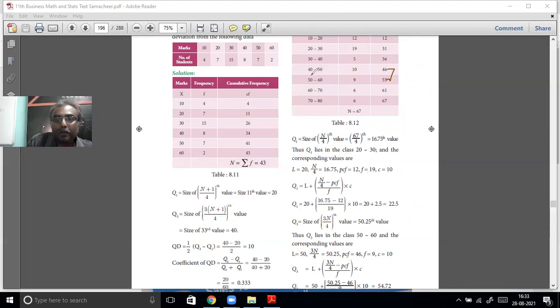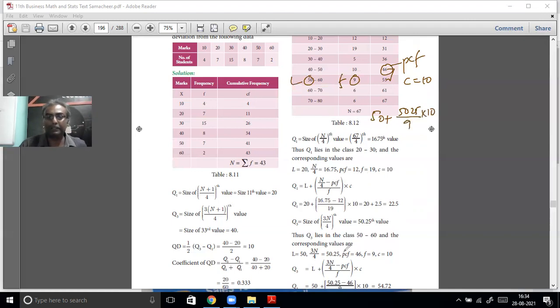Okay, so L will be 50, F will be 9, PCF will be 46, class remains 10. Okay, now you have to do 50 plus 3n by 4th, you already got that, 50.25. 50.25, 3n by 4th, by 9 into 10.